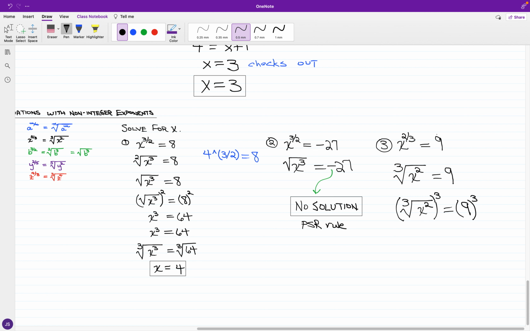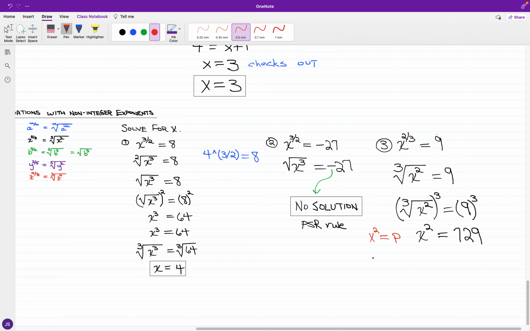And for the cubic root of x squared raised to the third, we have x squared, and 9 to the third. We have 9 times 9 times 9, so this will be 729. So we got x squared is equal to 729. And so we're back to where we can utilize the square root property of equality.